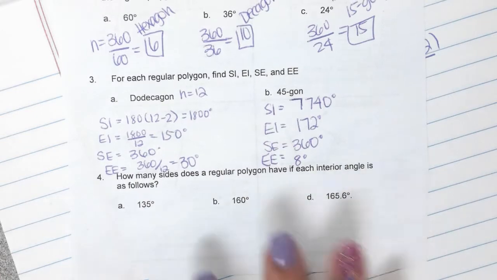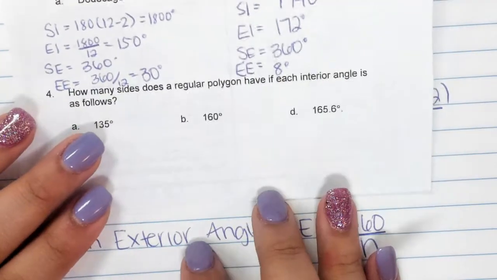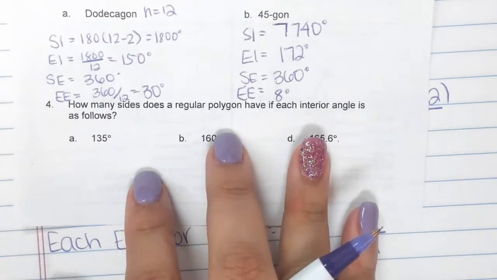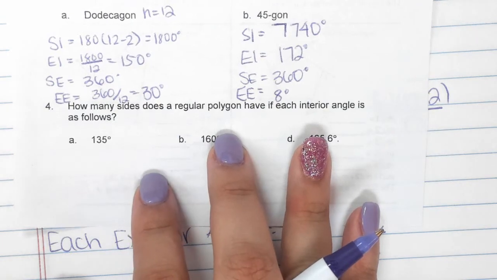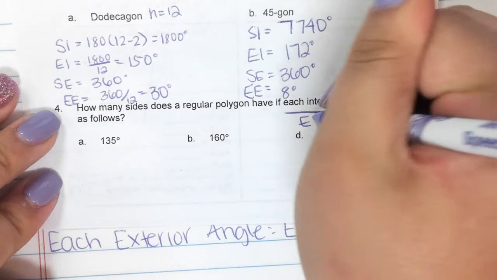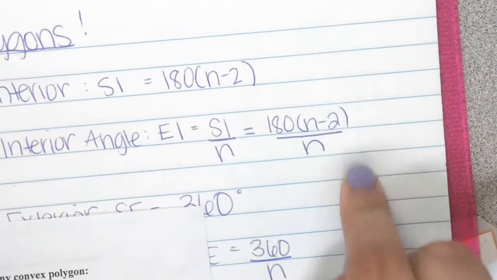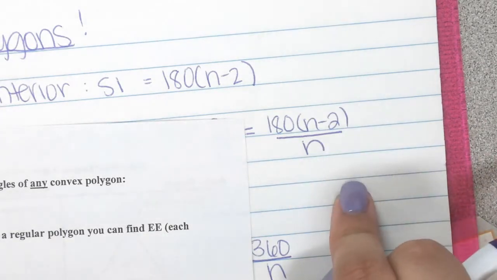Good. This last one is where everybody gets the problems wrong on the test because they just get confused. It says, how many sides does a regular polygon have if each interior is as follows? Now, this gives me EI. So I could technically take this formula and set it equal to 135 and solve for n.